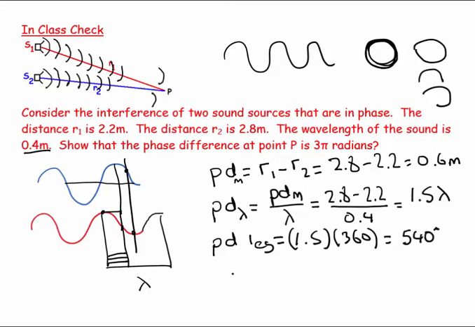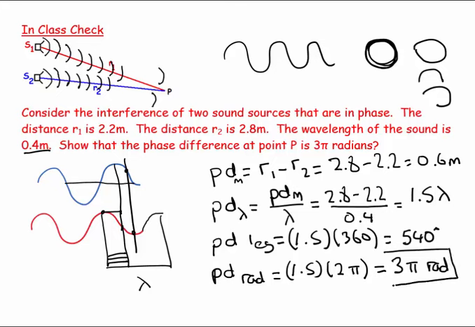And then the final way of expressing this is the phase angle in radians. And that is, well, each circle is 2 pi radians, so it would be 1.5 times 2 pi, which equals 3 pi radians.